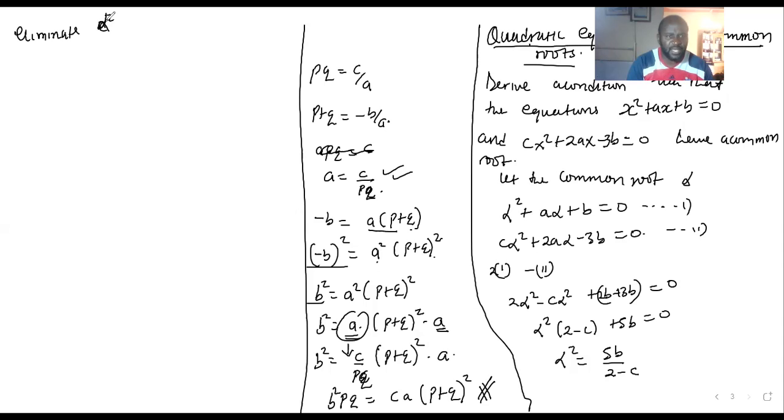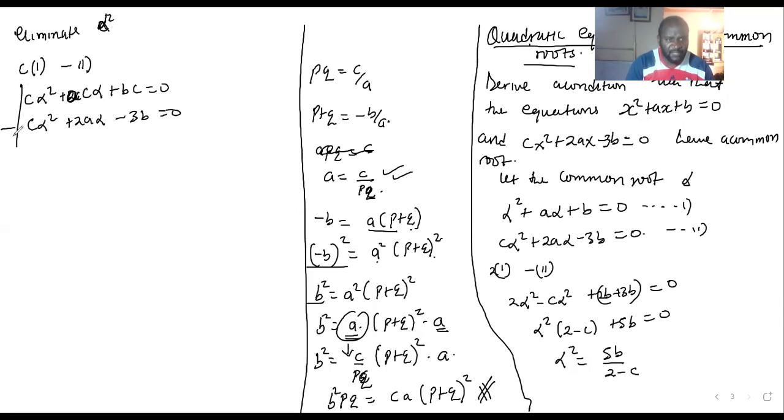When I eliminate alpha squared, I can find alpha. How? By multiplying equation 1 by c minus equation 2. This will give us c alpha squared plus ac alpha plus bc is equal to 0. The second one has c alpha squared plus 2a alpha minus 3b is equal to 0.